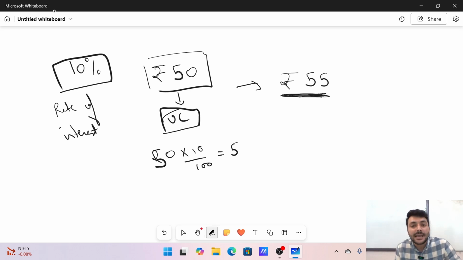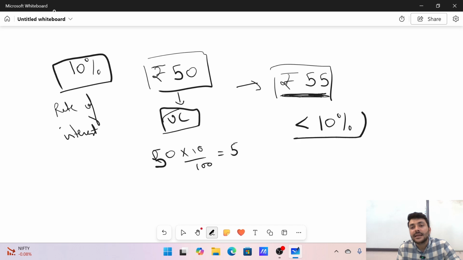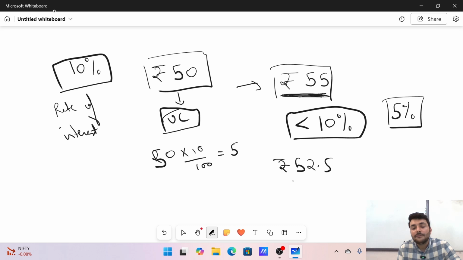But in case the user cost increases by less than 10%, for example, if the user cost increases by just 5%, then the user cost in the next time period would become 52.5 rupees.